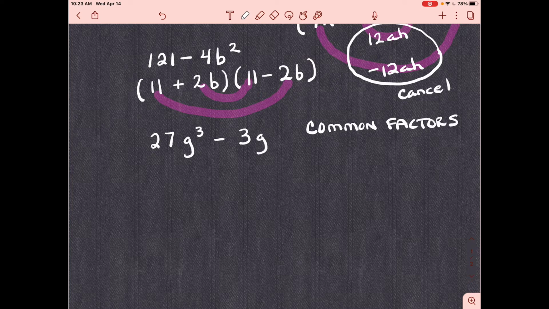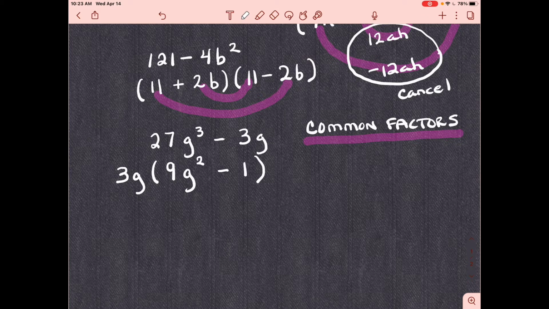The first thing we want to do when we factor anything is factor out the common factors. So the common factor here is 3. 3 goes into 27, and 3 also goes into 3. And then we also have a common g. So if I factor out 3g, what's left behind is 9g squared minus 1.